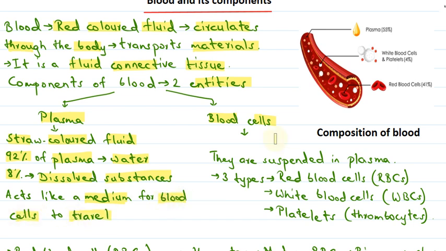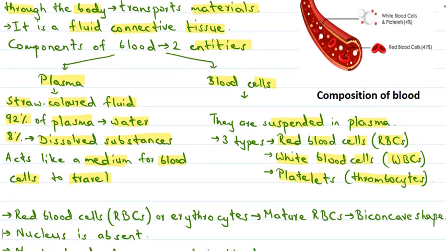Okay, then we saw what was blood cells. So blood cells actually they remain suspended in the blood plasma, and there are three types of blood cells. One is RBCs or red blood cells, then there are white blood cells or WBCs, and then there are platelets, which are also known as thrombocytes.